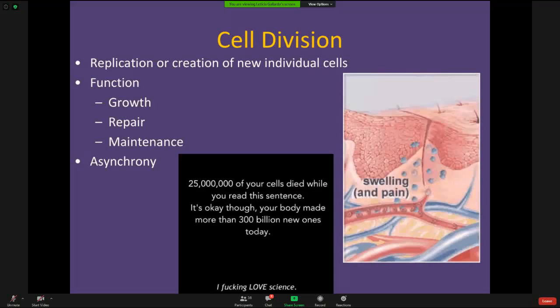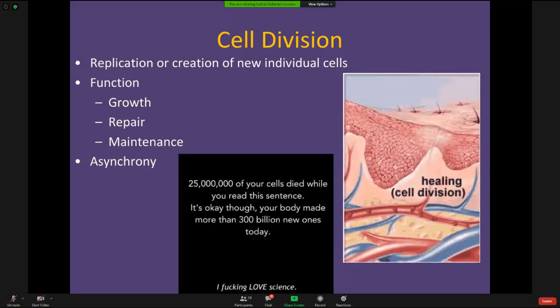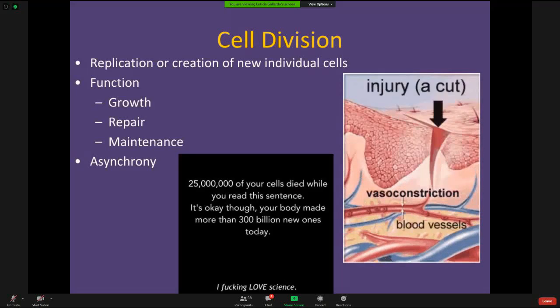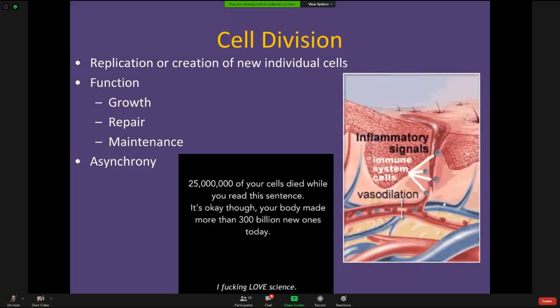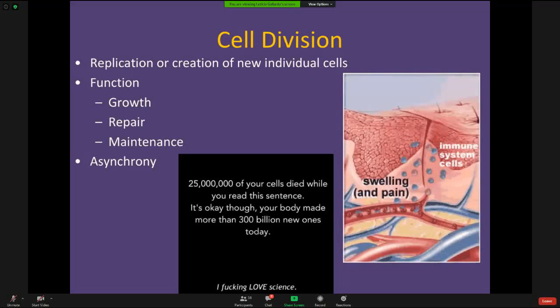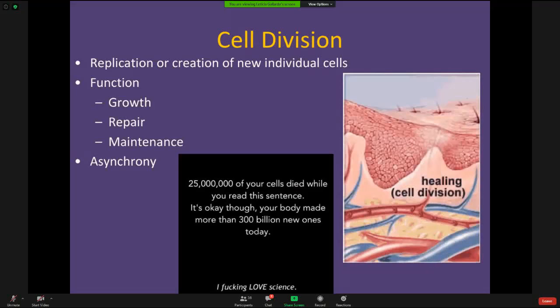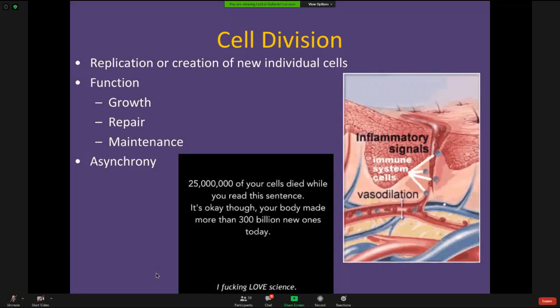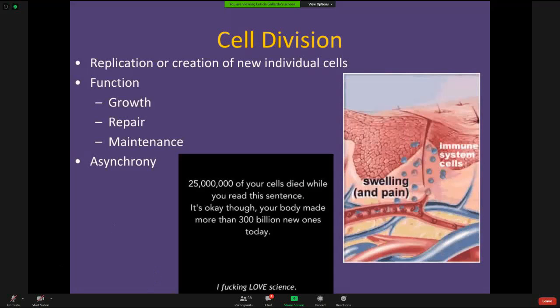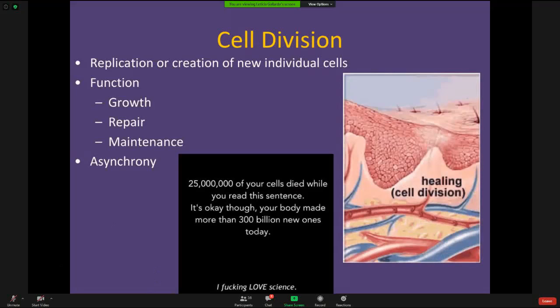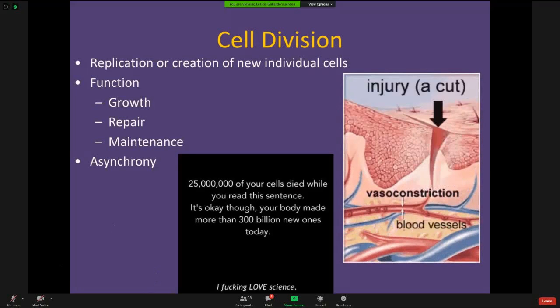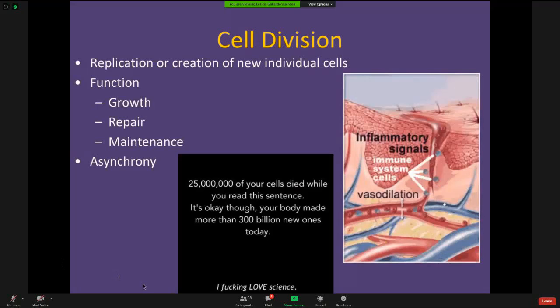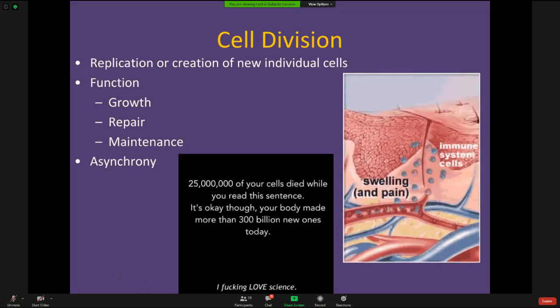So some cells that have a lot of abrasion or wear replace themselves relatively quickly, whereas other cells that don't have as much abrasion, like your skeletal system cells, replace themselves at a much slower rate. And as I mentioned, some cells don't replace themselves by mitosis at all. So your skeletal muscle cells have only limited ability to repair themselves.